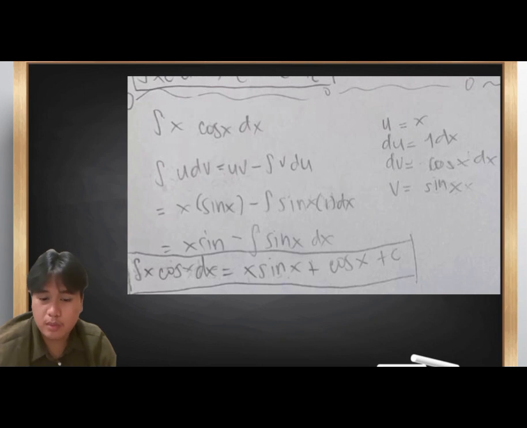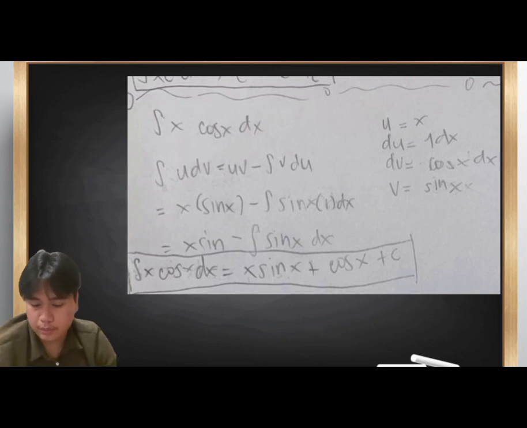So u is equal to x, and du is the derivative of u, which is 1 dx. dv is equal to cosine x dx, and the integral of dv is v, which is sine x.